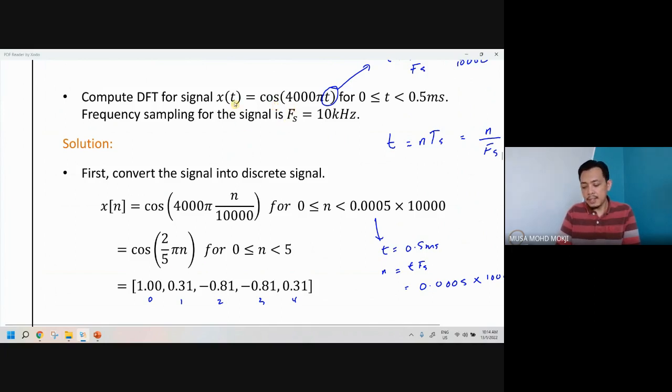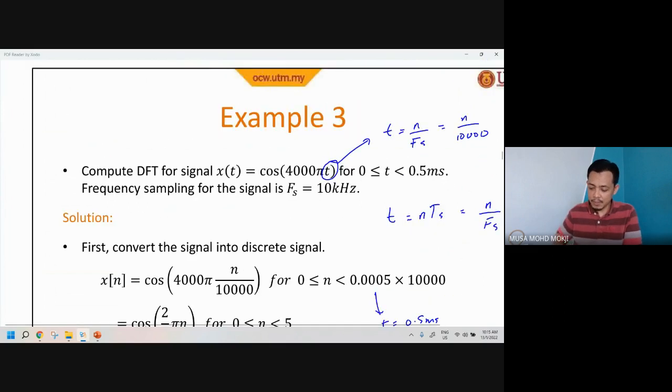Okay, and this signal is actually one frequency. And what is the frequency? The frequency is 4,000 hertz. So, sorry, this is not 4,000 hertz. Be careful on that. Actually, we have what we call the capital omega, the angular frequency, which equals 4,000 pi.